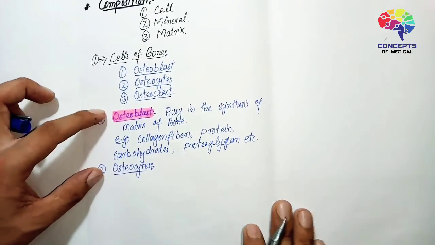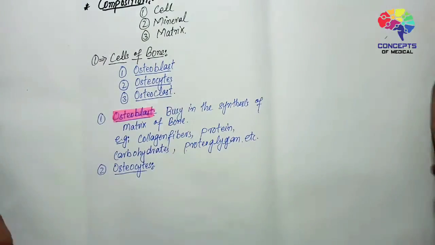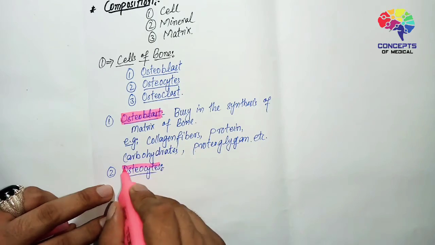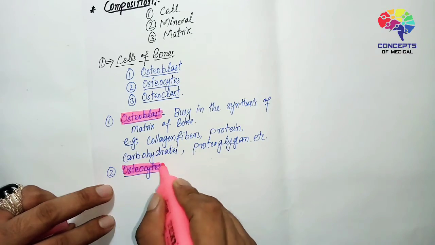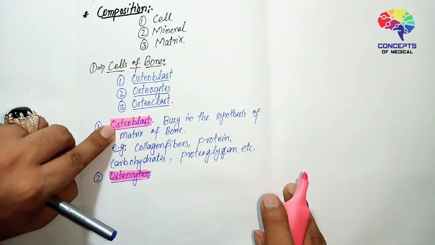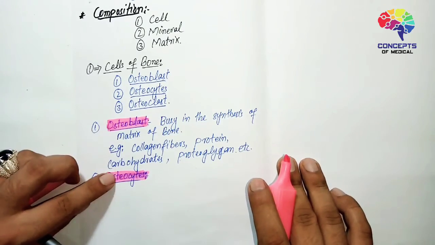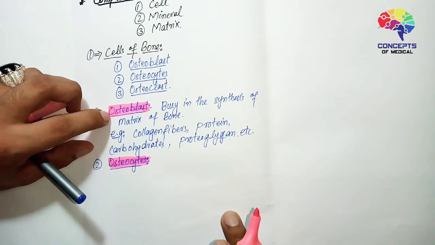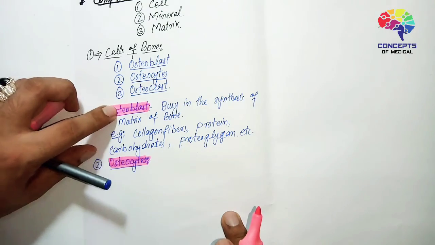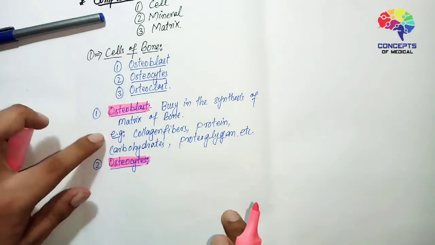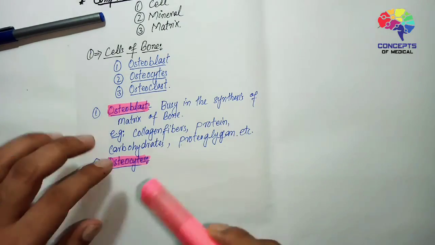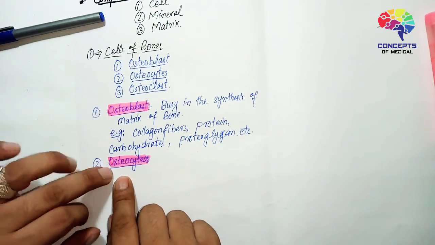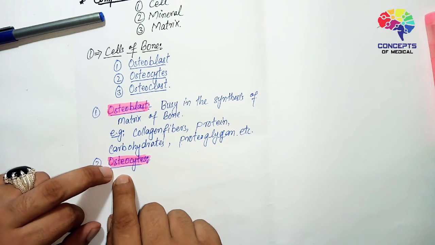So there is no big difference between these two cells. Osteocytes were once called osteoblasts when they were active, but when an osteoblast becomes functionless and is not capable of producing and synthesizing these matrix, then these cells are called osteocytes, right?